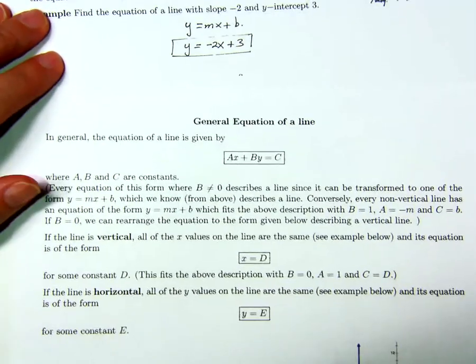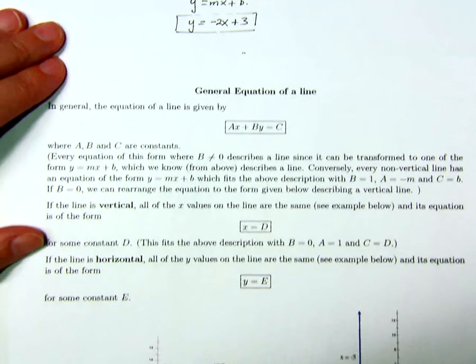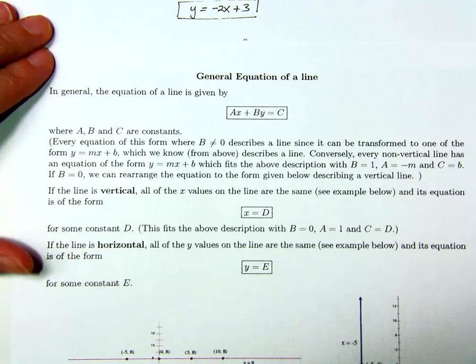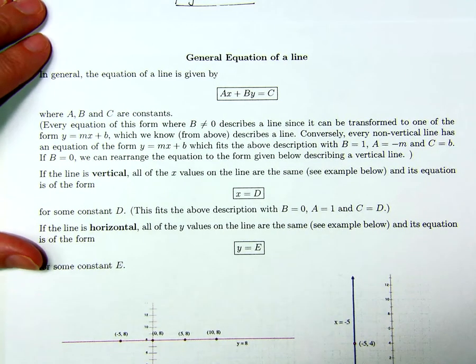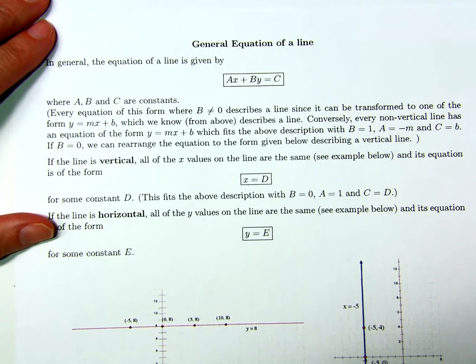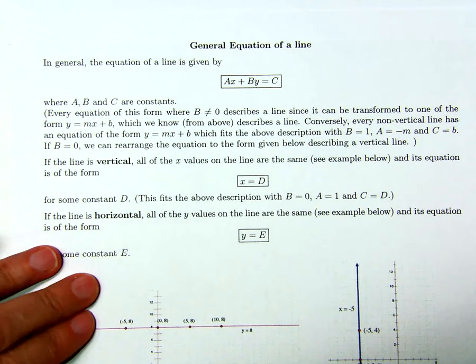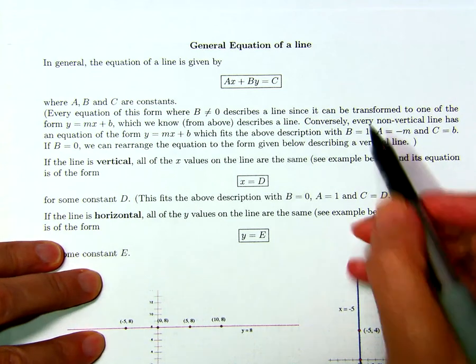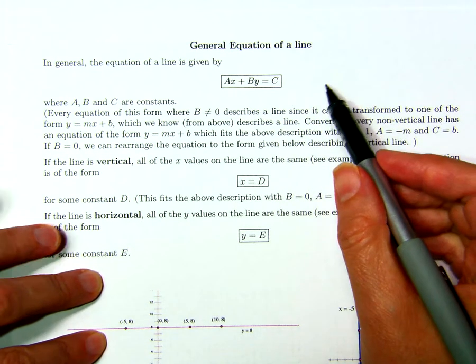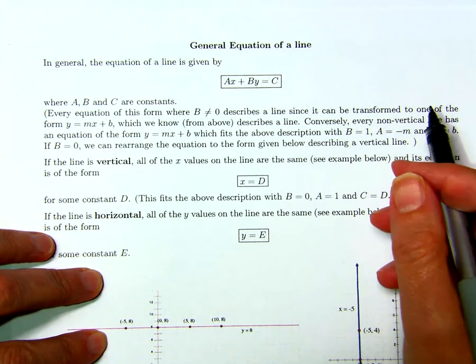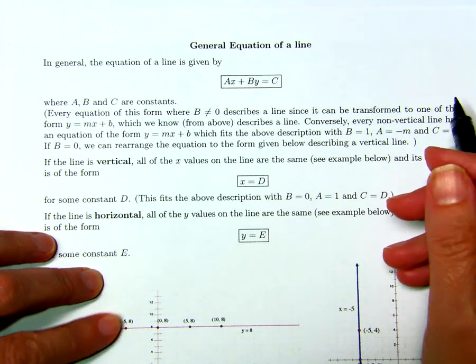Now, to be more precise, we have to allow for situations where lines are vertical, and this general equation of a line also captures those lines. And in addition to that, it captures the previous set of lines, where y equals mx plus b.